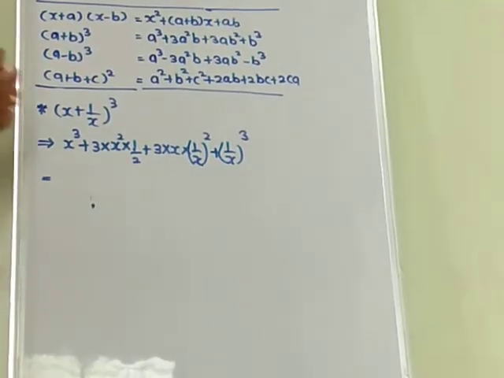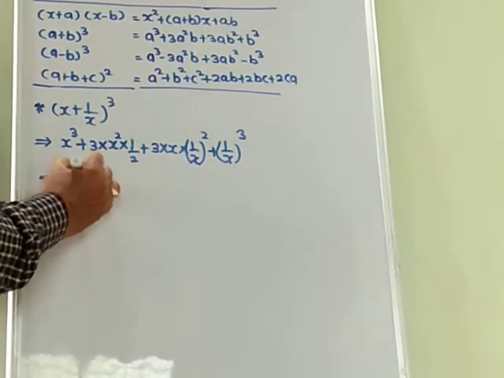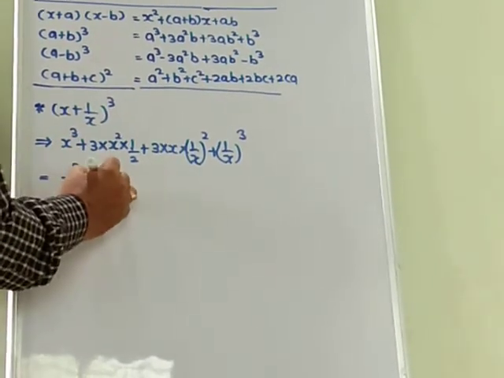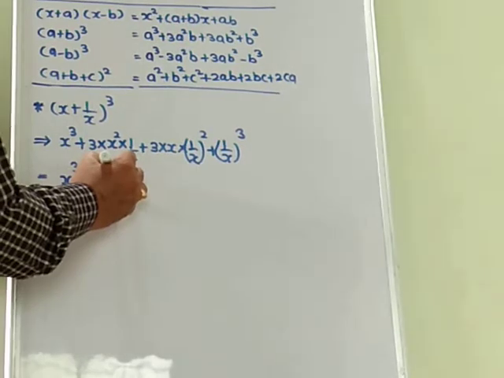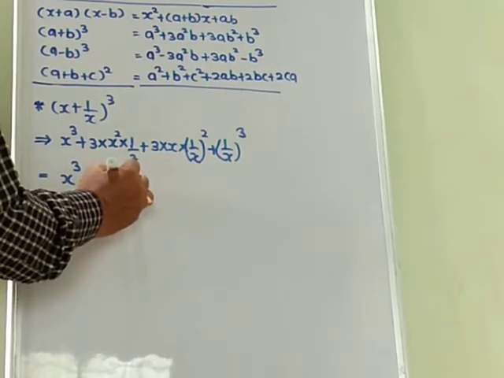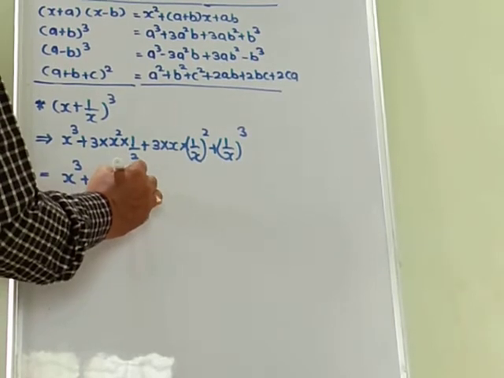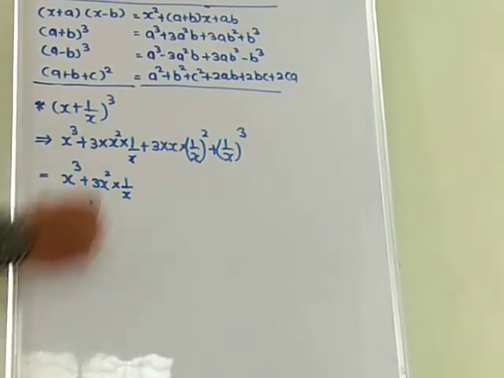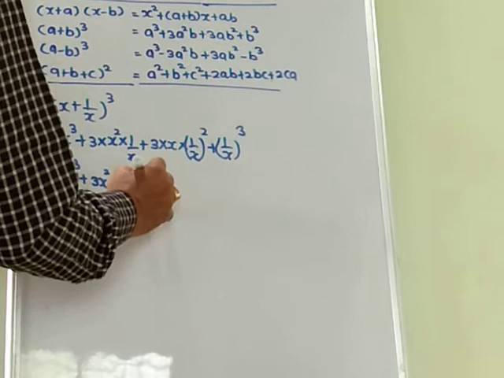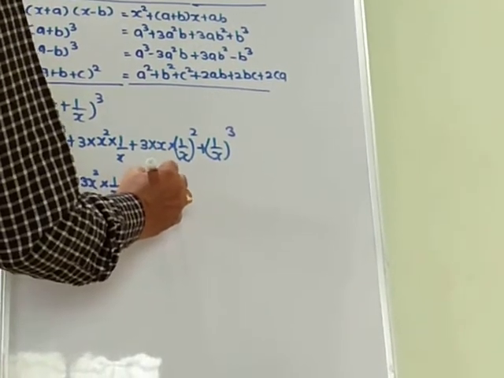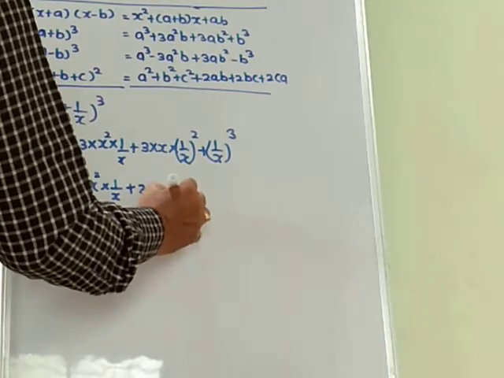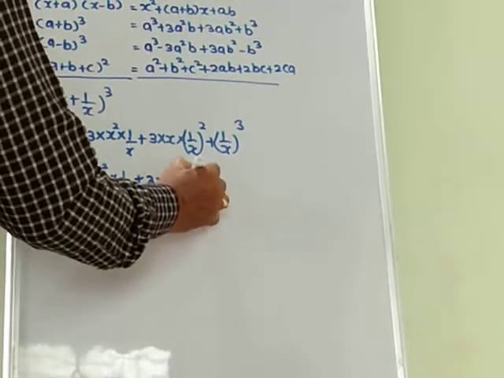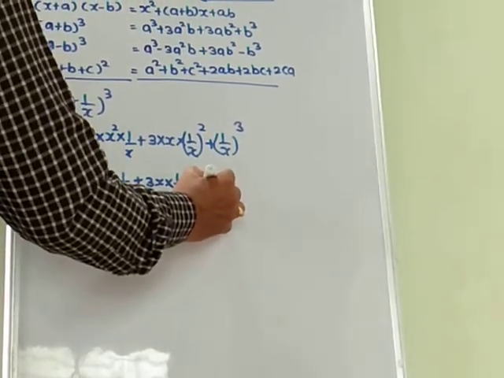What happens here? x cube as it is, plus 3 into x square into 1 upon x, that means 3x square into 1 upon x, plus 3x into 1 upon x square, plus 1 upon x cube.